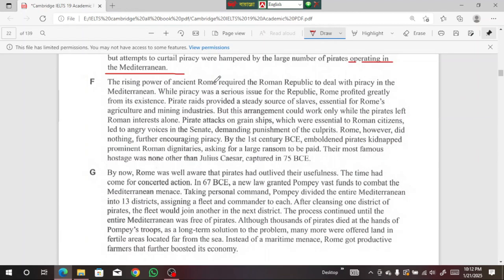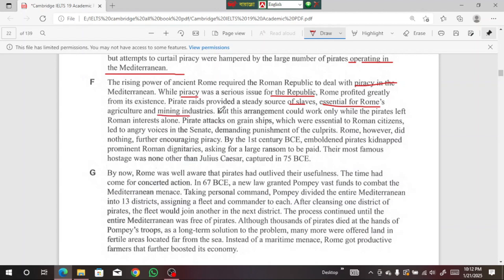The rising power of ancient Rome required the republic to deal with maritime piracy. While piracy was a serious issue for the republic, Rome tolerated it generally for its usefulness. Pirate raids provided a steady source of slaves, essential for Roman agriculture and the mining industry, but this arrangement could work only while the pirates left Roman interests alone. Here is the use.